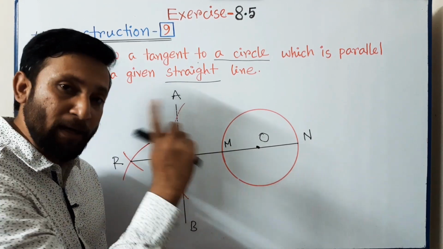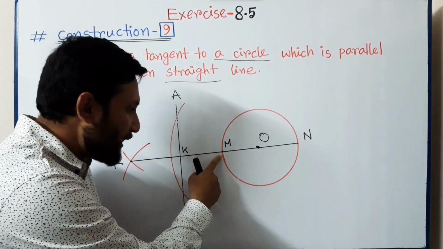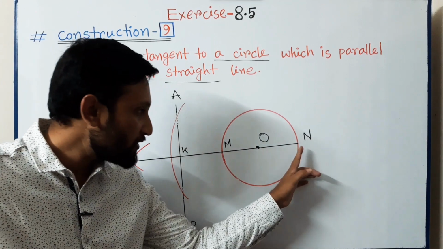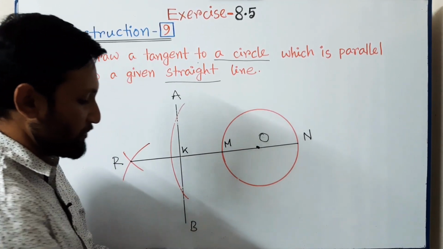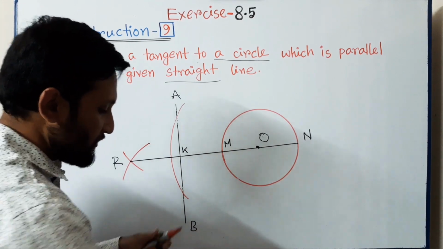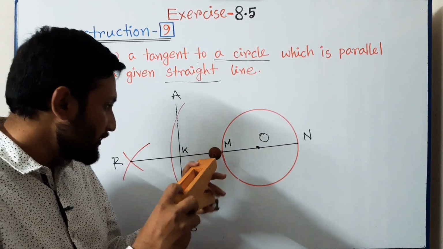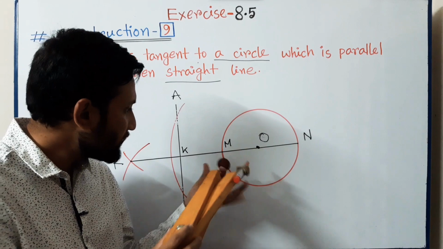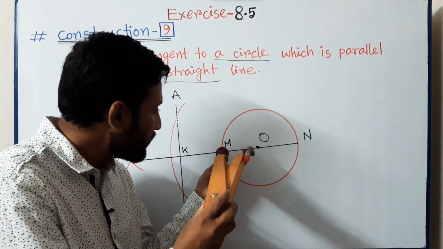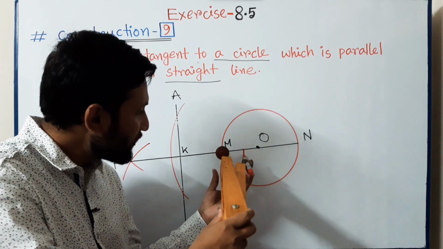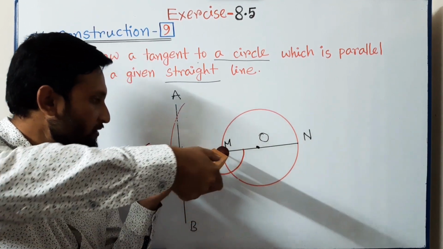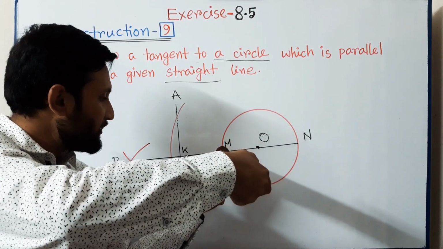Now again we have to draw a tangent. We have to draw a perpendicular on the point M and draw another perpendicular on the point N. How to draw a perpendicular? Follow me. At first set the compass on the point M. Now in any radius draw an arc here.